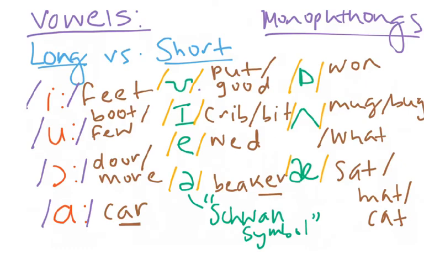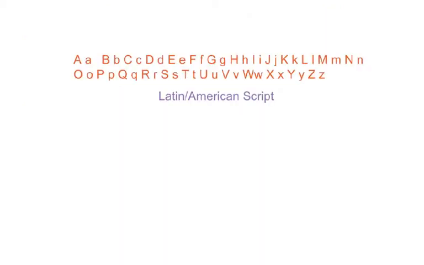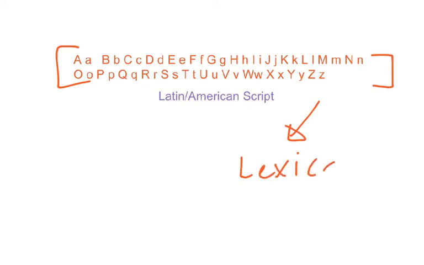As I mentioned, there are 26 letters in the alphabet. However, these are just letters, and usually these letters are helpful when it comes to lexical aspects of English, for example morphemes, which we will talk about in a later video, as well as vocabulary, words, sentences, things like that.